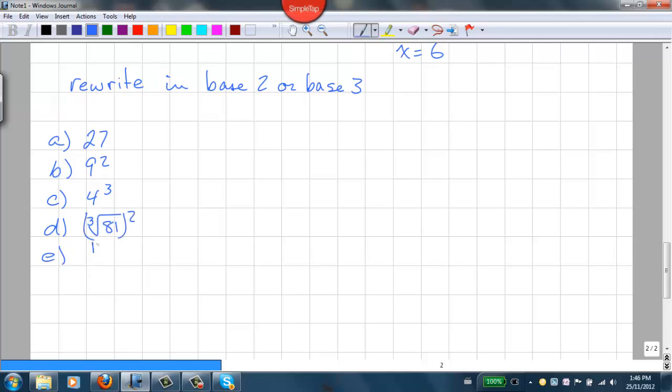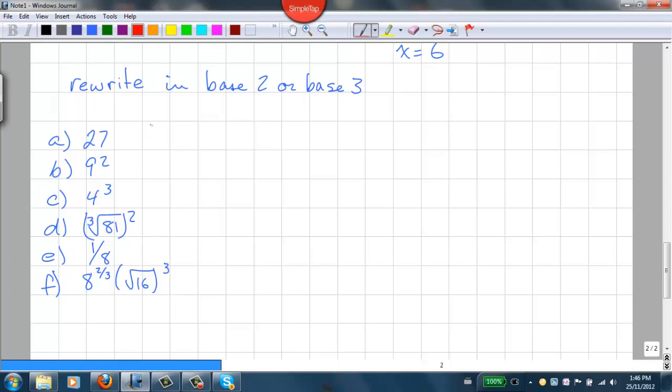We'll do 1/8, and finally we'll take 8 to the 2/3 times the square root of 16 all cubed. So copy those, pause, and then come back and we'll check the solutions or how we rewrite those in either base 2 or base 3 as appropriate.